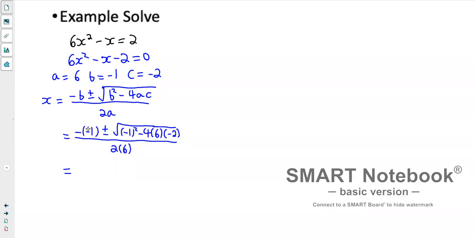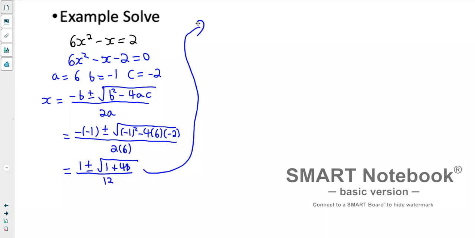So we have negative of -1, so that's +1, plus or minus the square root of 1 minus 4 times 6 is -24, times -2 would be +48. That's being divided by 2 times 6, so 12. So that gives us 1 plus or minus the square root of 49 over 12.